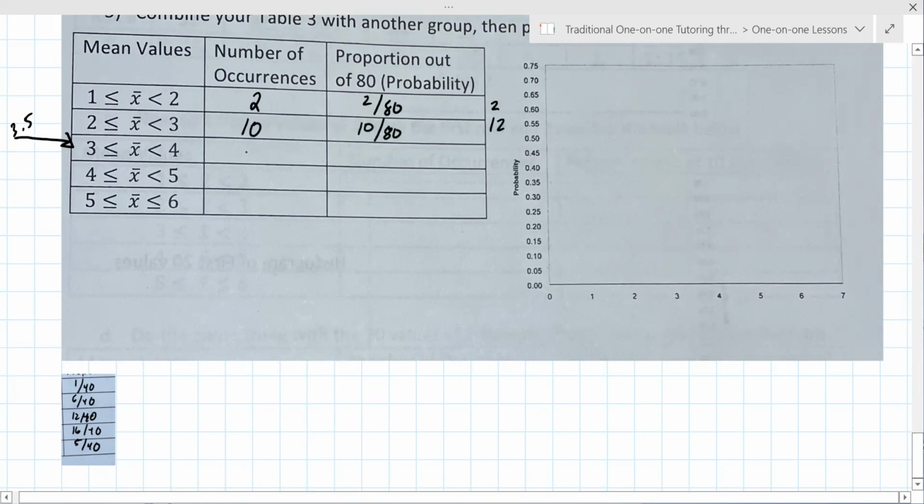And then 30 out of 80. That's 42. And then 24 out of 80. That gets us to 76. That's probably too big. Let's change that to 22 out of 80. So that gets you to 68. And then that'll be 12 out of 80. That's somewhat reasonable here.